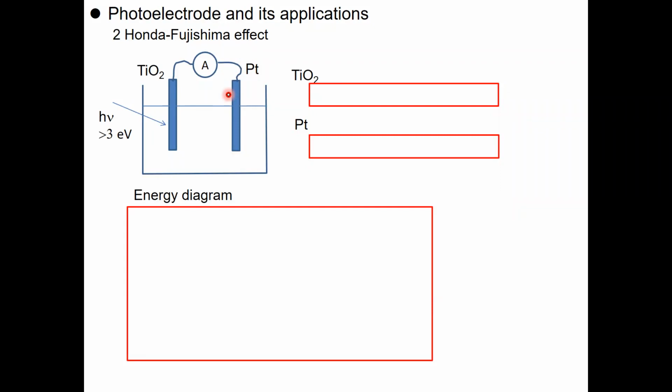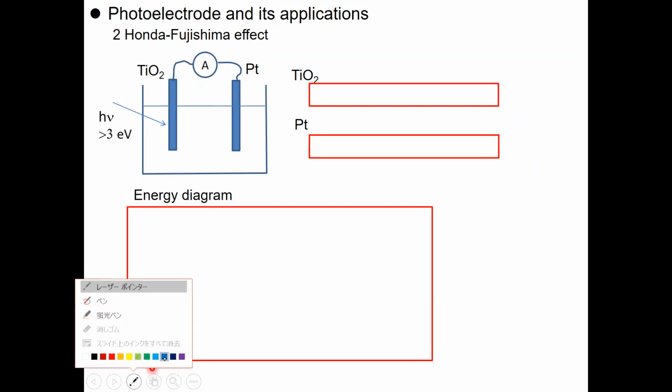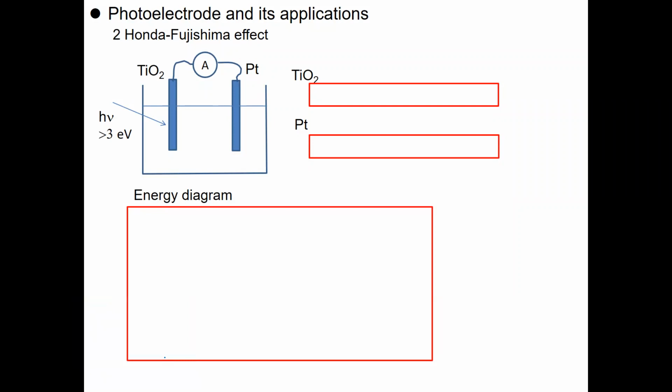As we studied, for an N-type semiconductor, when the light is illuminated, the drift current was enhanced. That oxidized the water to oxygen. That's why on the TiO2 side, oxygen was generated.